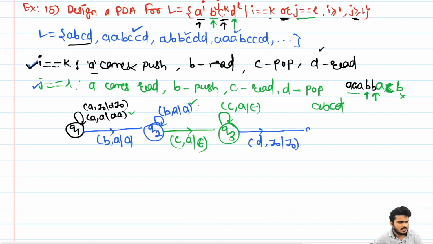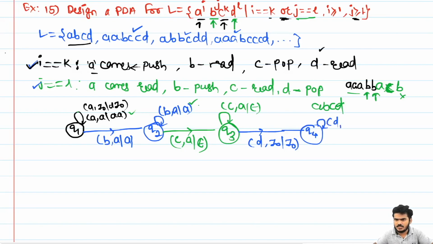That is the q4 state. Here, in the q4 state also, there are higher chances that we will get more d's.